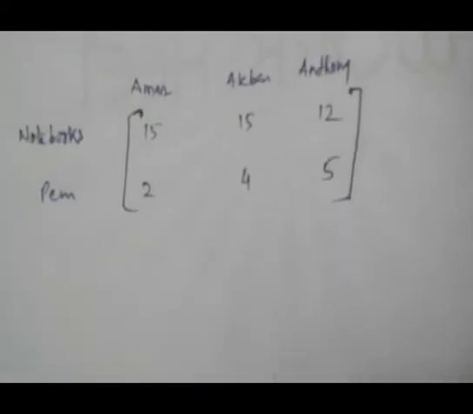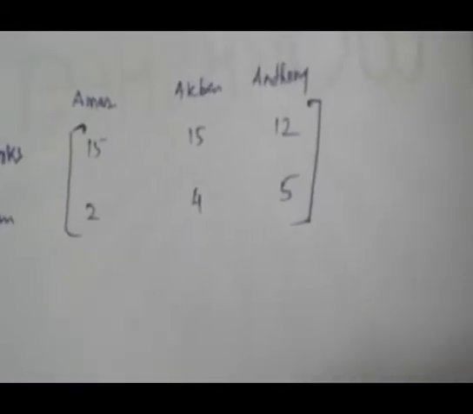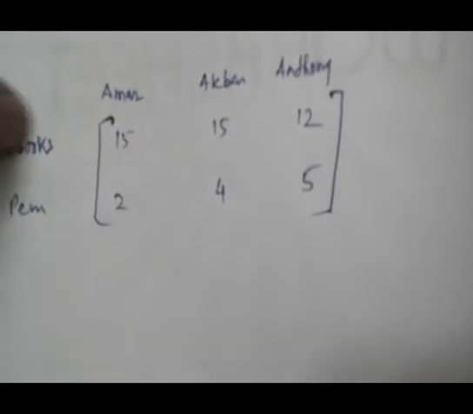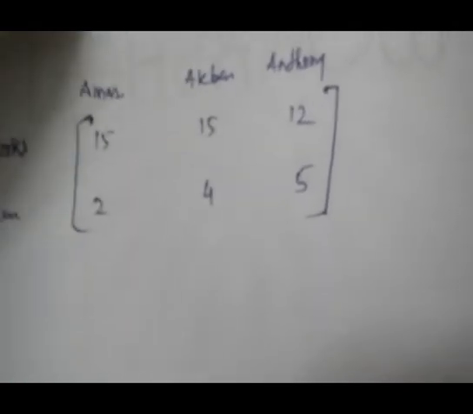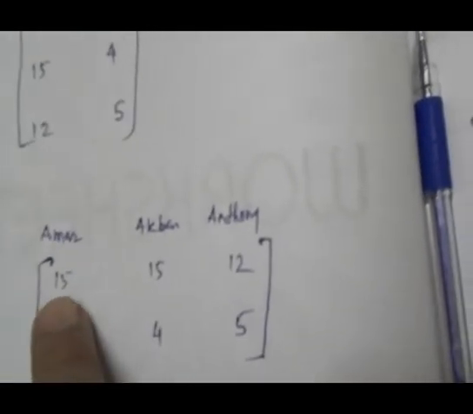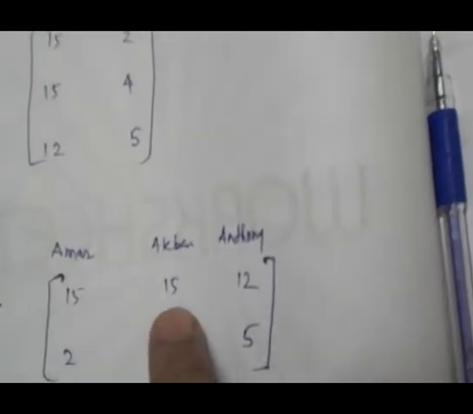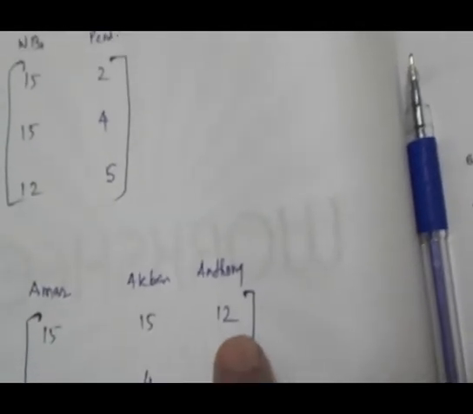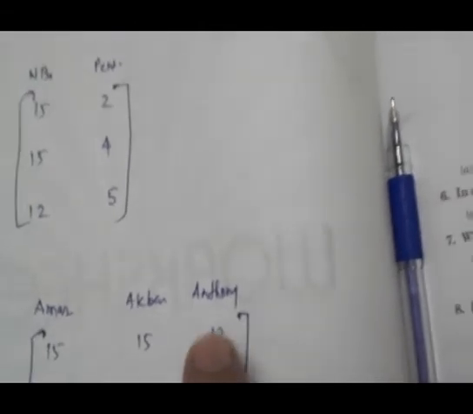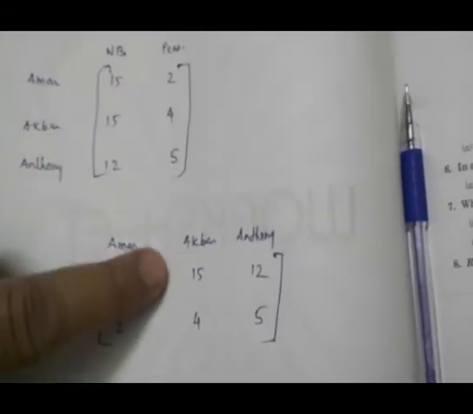Now this can be represented another way: the first row is notebooks, the second row is pens. First column is Amar, second column Akbar, third column Anthony. So the first row says Amar has 15 notebooks, Akbar 15 notebooks, Anthony 12 notebooks. These two are representations of the same thing.